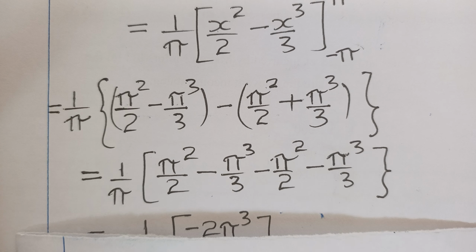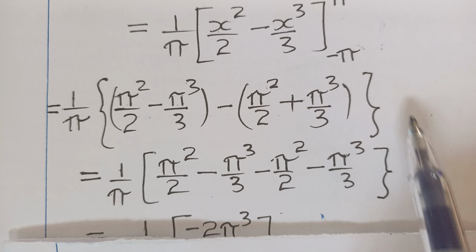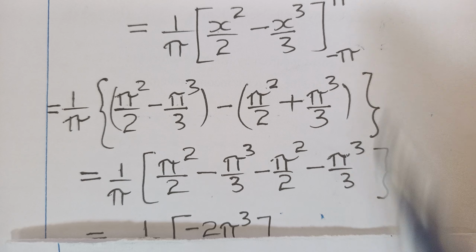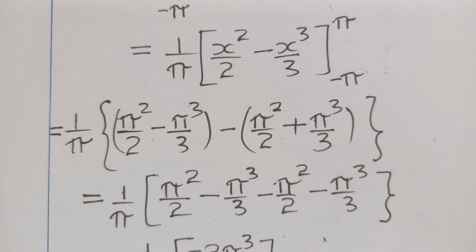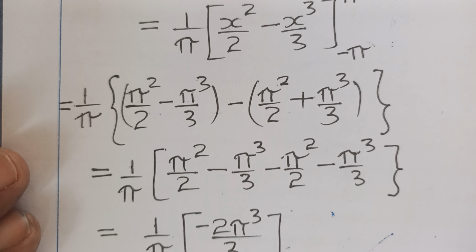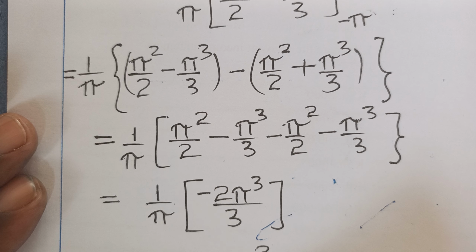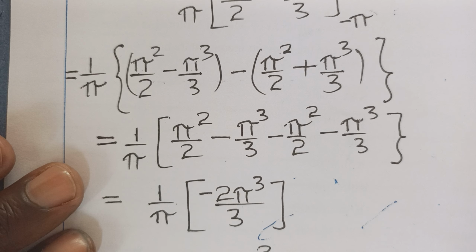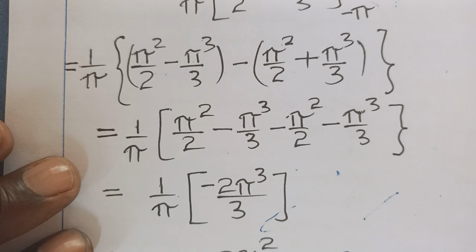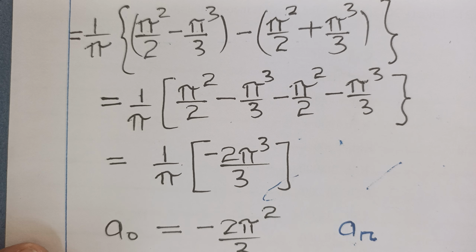I believe you know how to fix negative pi and pi. So when you fix them, finally our A0 is going to be negative 2 pi squared all over 3. This is just integration, and I can leave you to do that, but your answer should come to negative 2 pi squared all over 3.